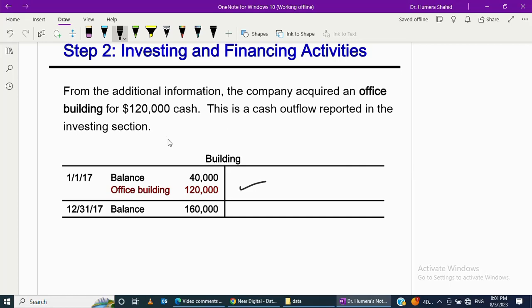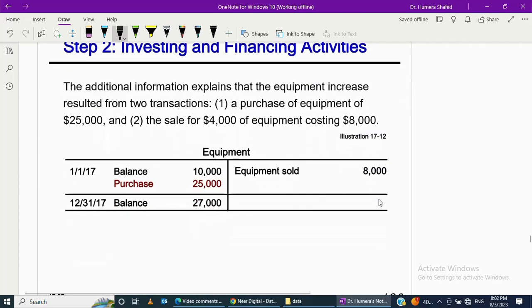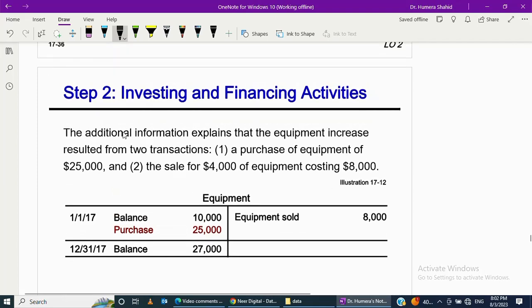Exactly the same behavior like current asset. So if you see here, purchase of building 120,000, you are mentioning with minus sign. Then moving on towards equipment. Equipment has two notes. First note says you have sold the equipment for 3,000 and the other says that you have purchased the equipment for 25,000, right?